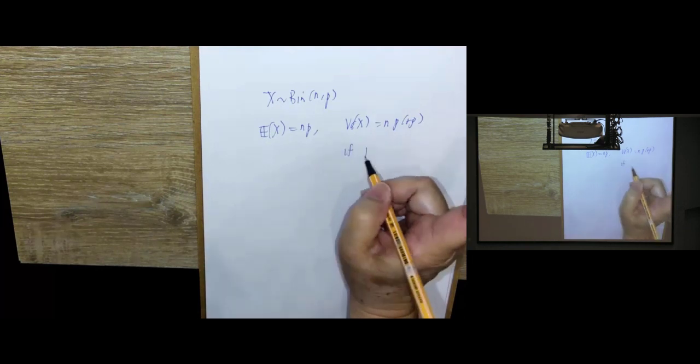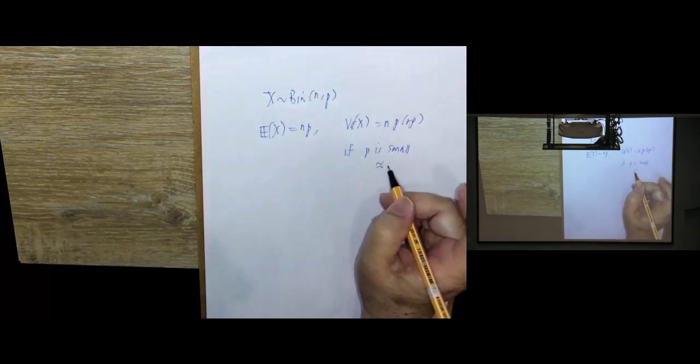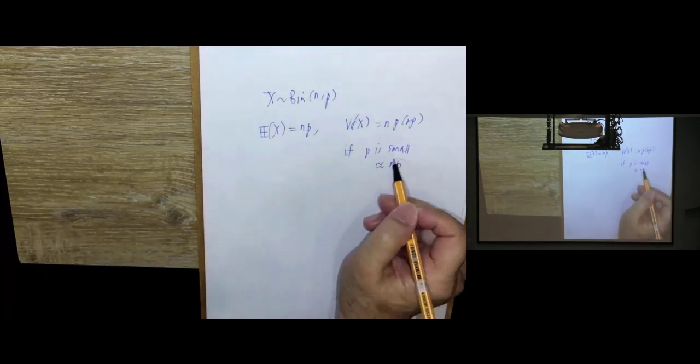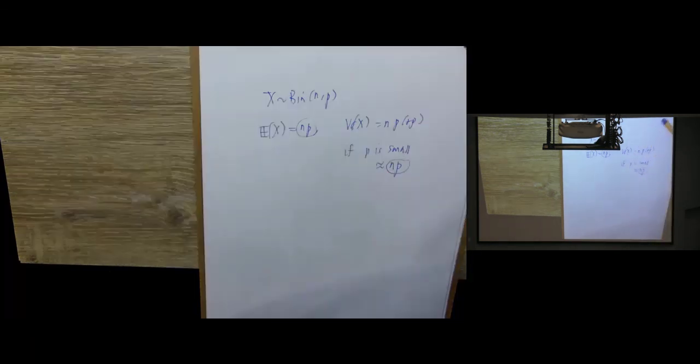So if p is small, the variance is approximately np. So in other words, the mean and the variance are almost the same. And this is where the setting for the Poisson comes in, because Poisson has the same mean and the same variance. So that is exactly the situation here.